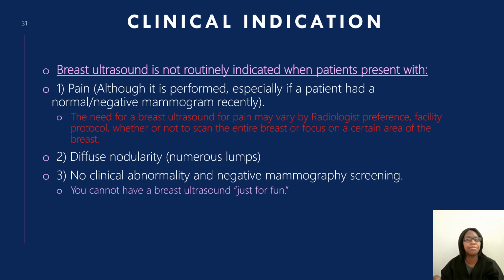If a patient had a mammogram, let's say in March, and then they're back in May, then they'll let the patient have the scan of their breast, and then you'll just target it to the certain area that the patient is feeling.